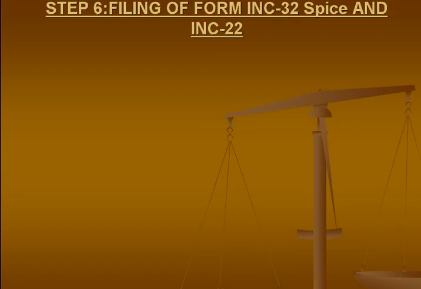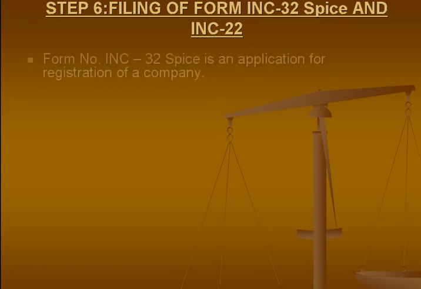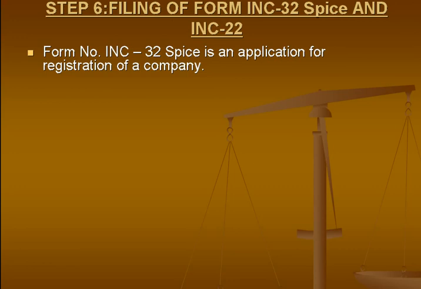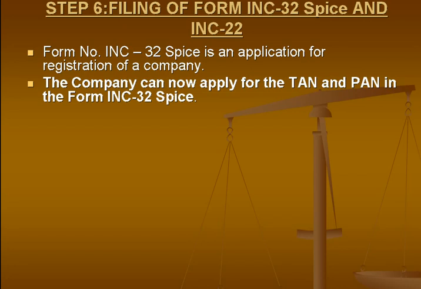Now the final step is filing of form INC 32 SPICE and INC 22 with the MCA portal. Form number INC 32 SPICE is an application for registration of a company. The company can now apply for the TAN and PAN in the form INC 32 SPICE.